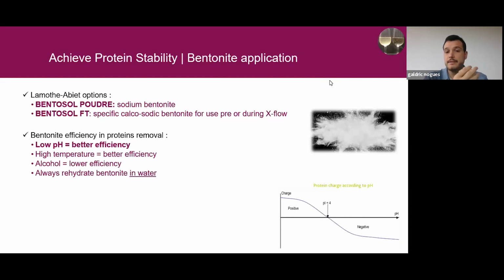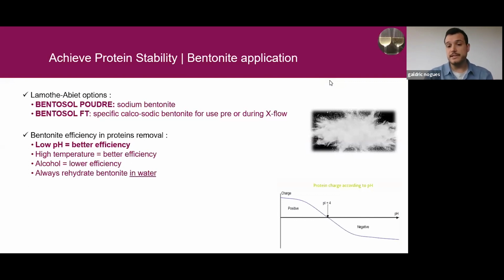Keep in mind that bentonite is not always the same. The efficiency can change from one bentonite to another, and also depending on the vintage. So if you are used to using a certain rate of bentonite in 2022, you can be sure that this rate won't be the right one the year after or the year before, because the efficiency of the bentonite changes depending on the pH, the alcohol content, and the temperature.